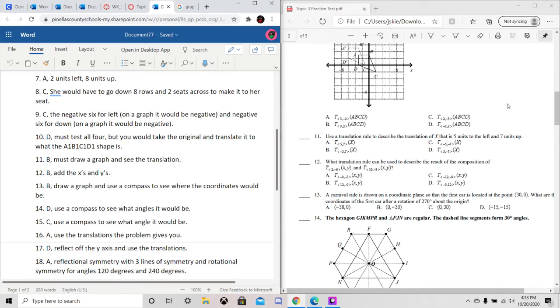For number 12, it's what translation rule can describe the result of the composition? Well, it's B. You would just add -6 plus -3, that's -9, and 2 plus 10 is 12.